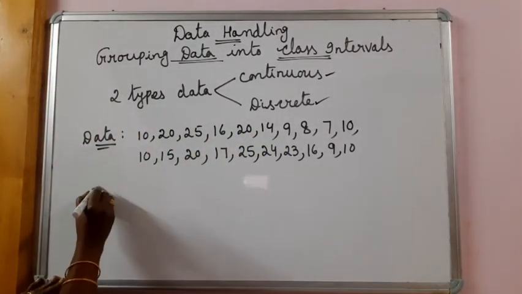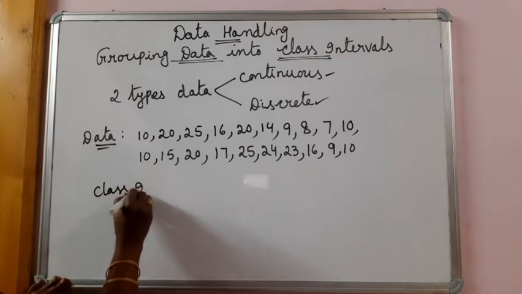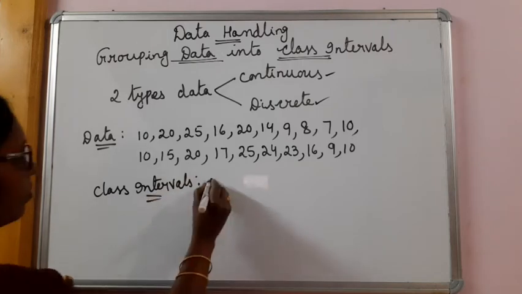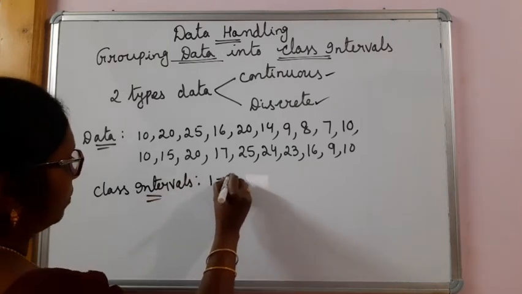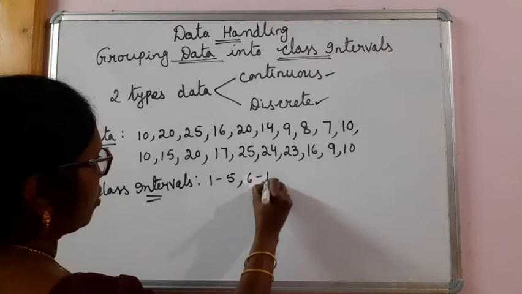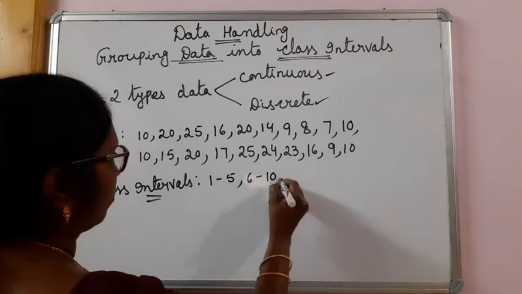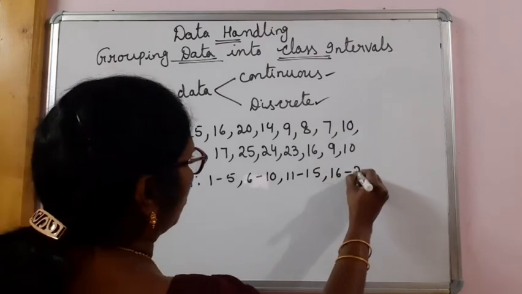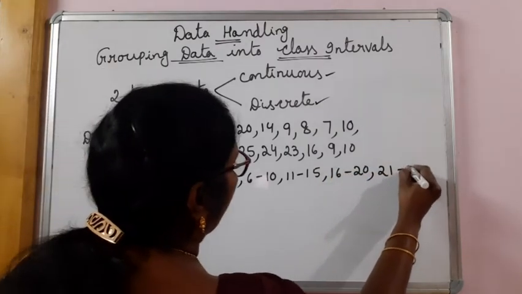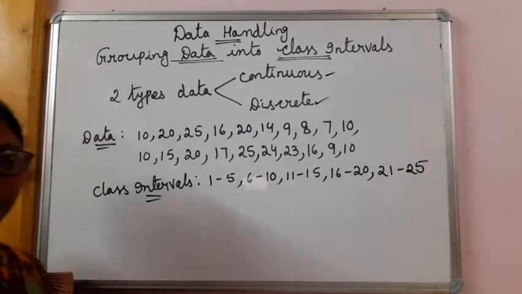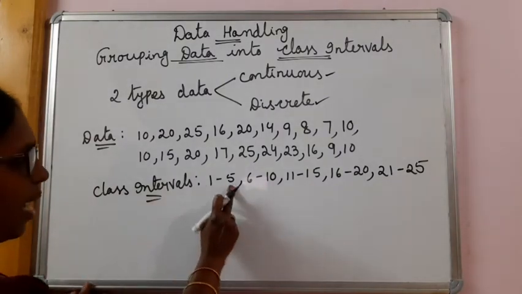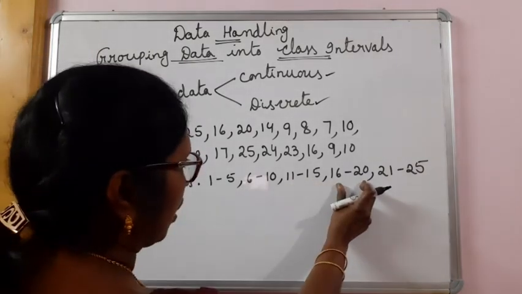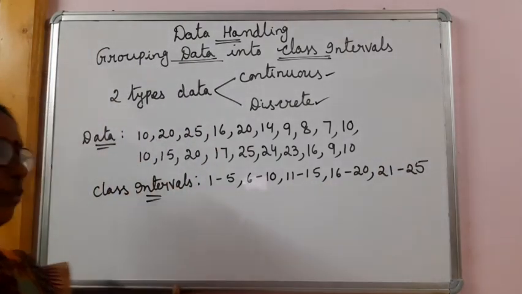So here we can take the class intervals as 1 to 5, 6 to 10, 11 to 15, 16 to 20, 21 to 25. 1 to 5 is a class interval, next 6 to 10, 11 to 15, 16 to 20, 21 to 25.